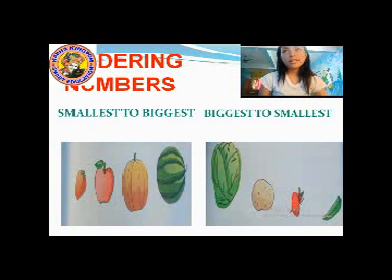Now we are going to learn ordering of numbers. There are two kinds of ordering of numbers. One is smallest to biggest and another one is biggest to smallest. See this picture? The fruits are arranged in sequence, from smallest to biggest, whereas the vegetables are arranged from biggest to smallest.